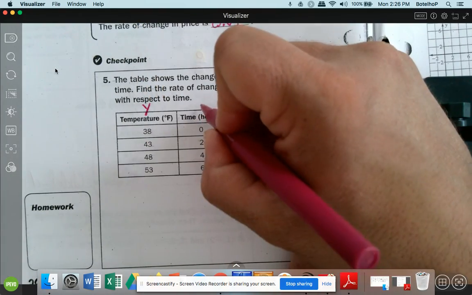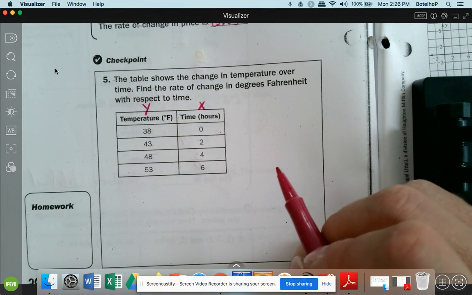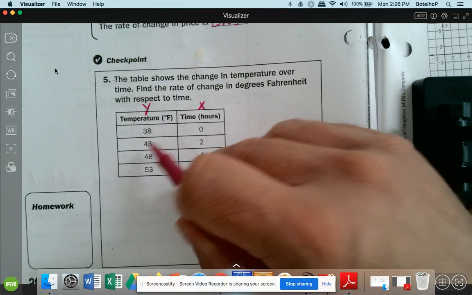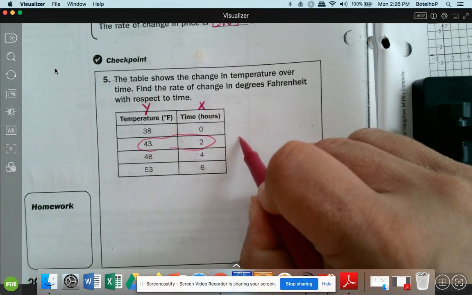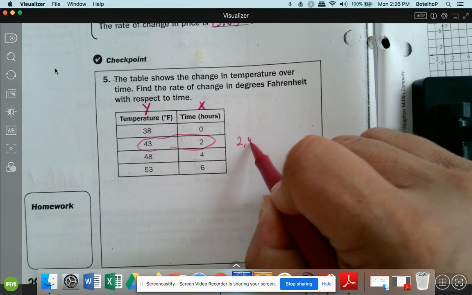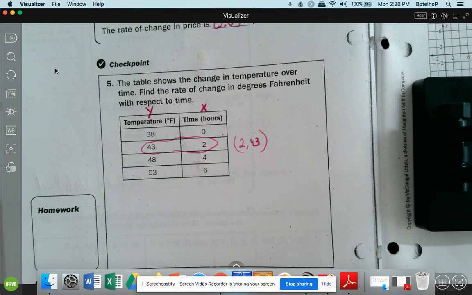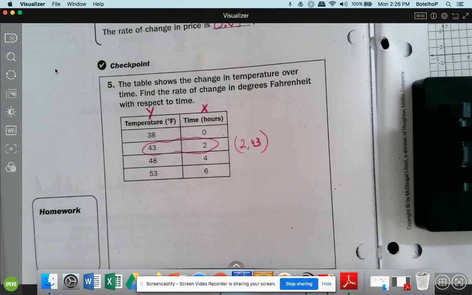The temperature depends on the hour, okay? So for example, you can really choose anything you want, but say you were choosing these right here, you would write this coordinate as 2, 43. It's a little backwards for that. So good luck. If you could enter your answer for number 5 now.